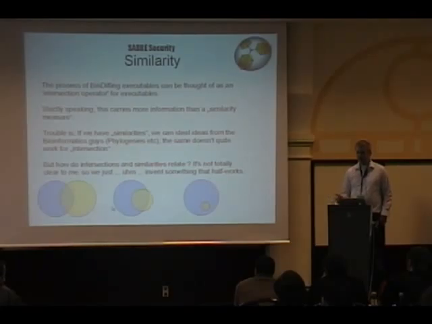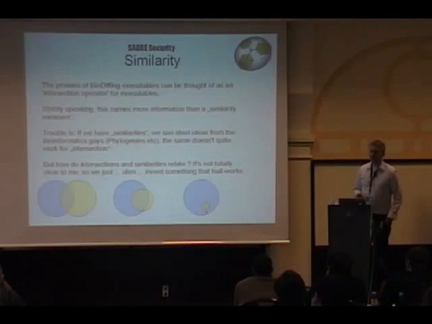But we have differences in sizes, and we have differences in how much these two executables overlap. So we have essentially not a symmetry here. How similar are these two? I don't know, well, even these two. Now if you consider the intersection here, the intersection is equal to the size of the small executable. So the small executable is 100% similar to the bigger one, but the bigger one is not 100% similar to the smaller one.